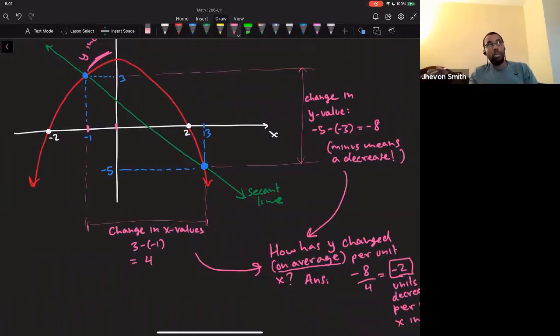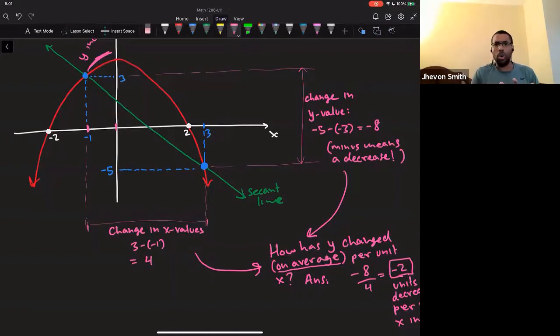You'll realize that every time I move over 1 unit, it drops by 2 units. Where would you expect it to be after I move over 4 times? You'd expect it to be at -5, right? If you take 3 minus 2 4 times, you would get to -5. So that's kind of how the y value is changing on average. It was decreasing on average by 2 units for every 1 unit x.